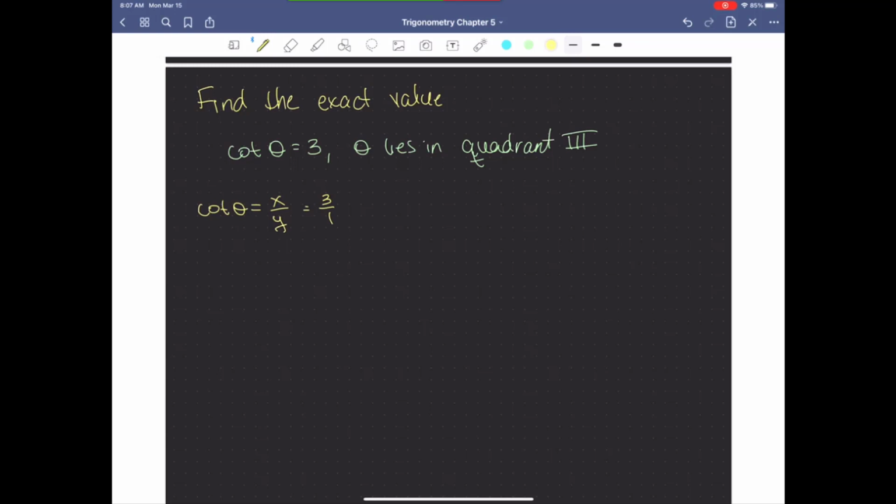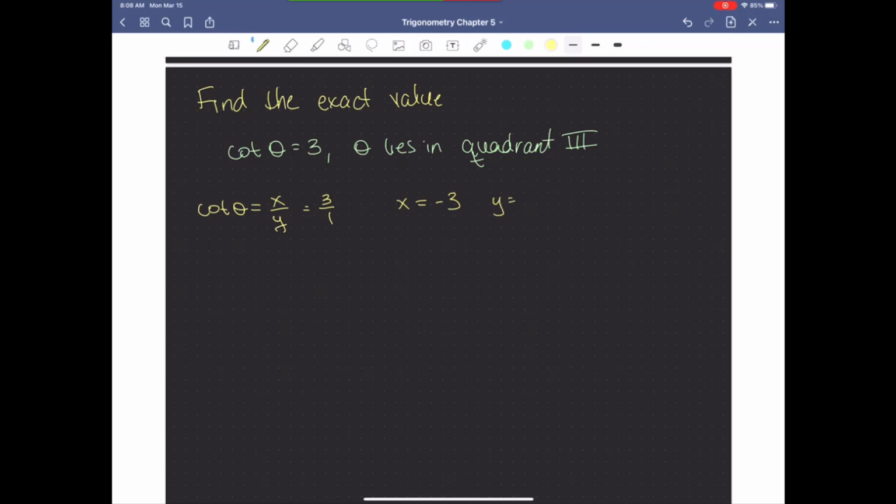So now we just got to figure out which one is x, which one is y. Is x and y positive? Is it negative? And all that good stuff. So what do we want our x to be? 3, negative 3? Negative 3. Why is it negative 3? Quadrant 3.